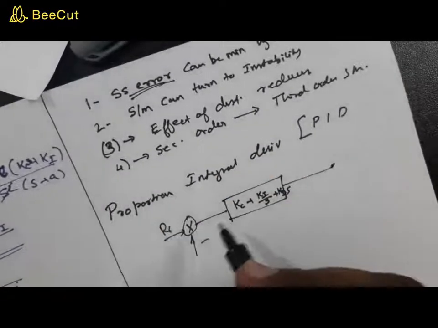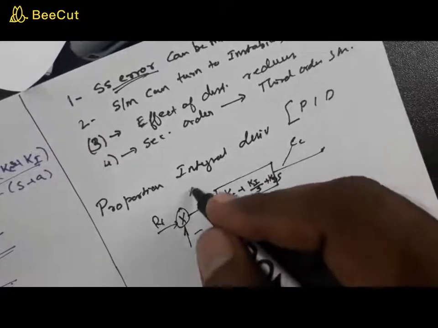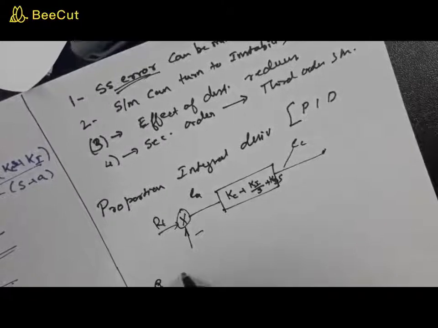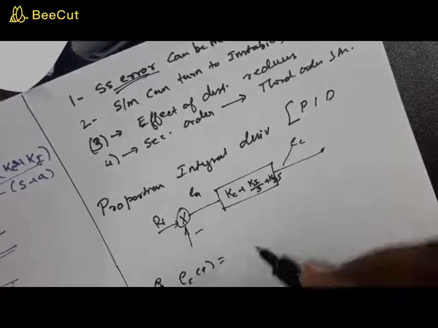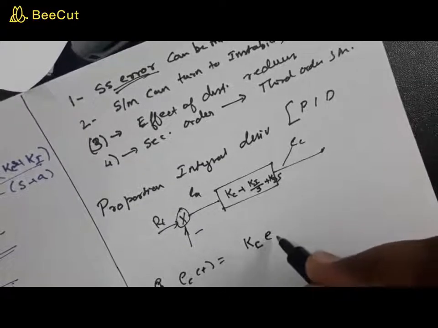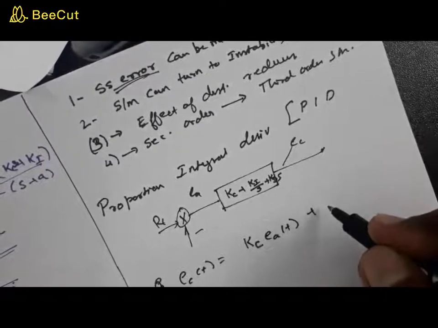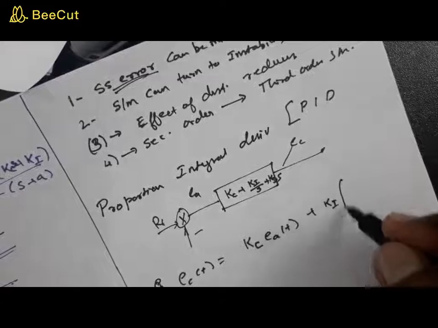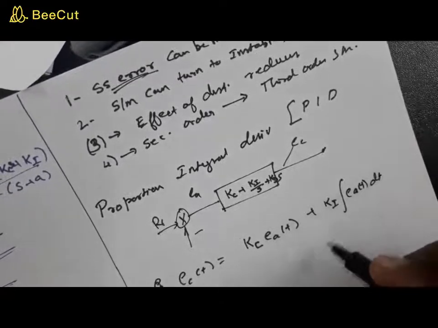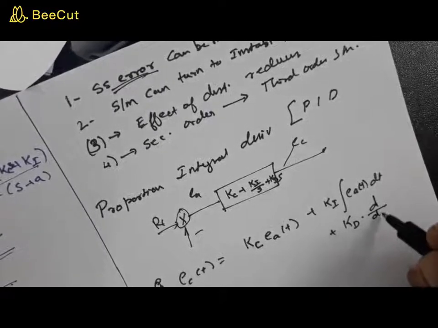Okay, now how did you get this? This is very simple. This is your control signal, this is your actuating signal. The relationship between actuating signal and control signal will be Ec of t equal to Kc into Ea of t, plus Ki into integral of Ea of t dt, plus Kd into derivative of Ea of t.